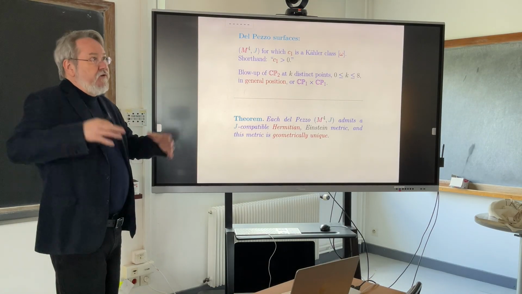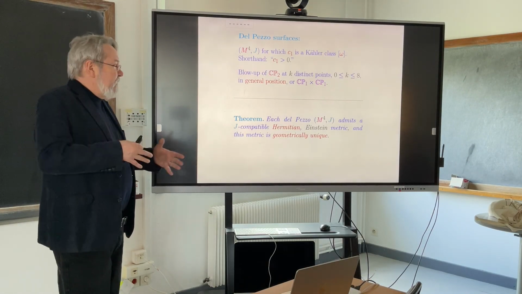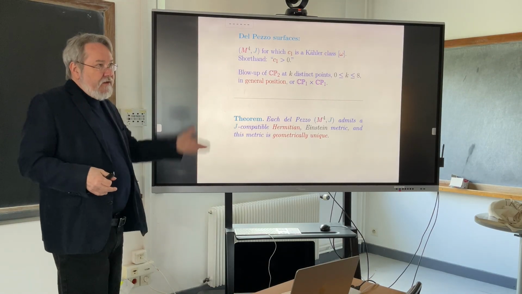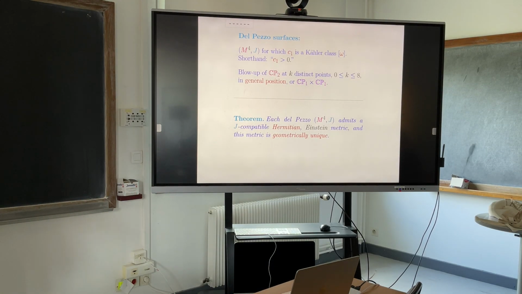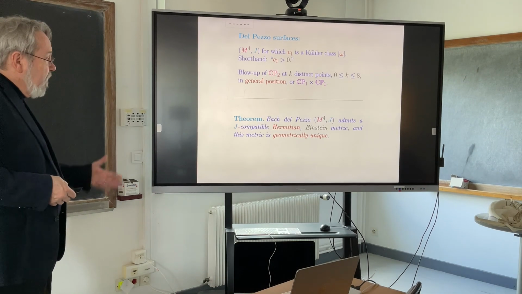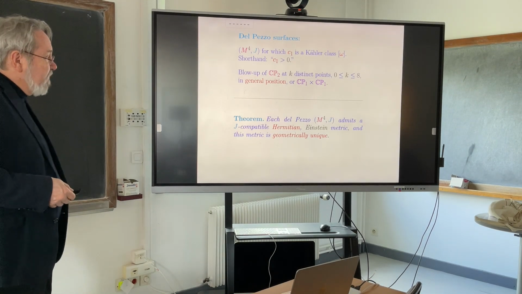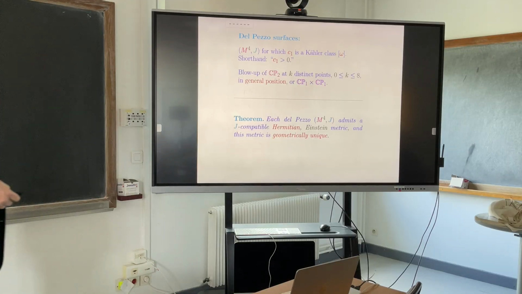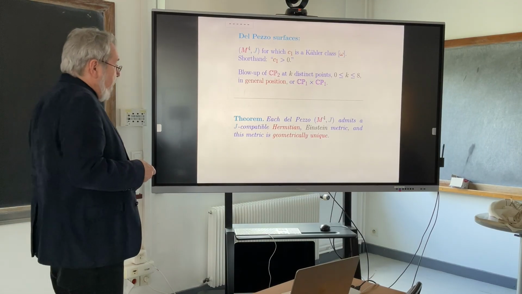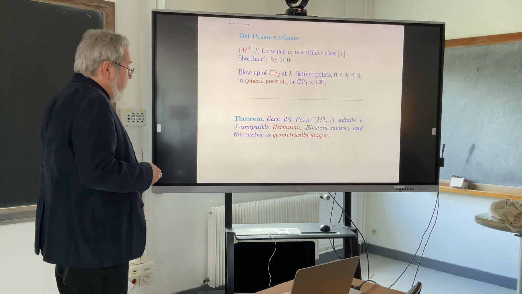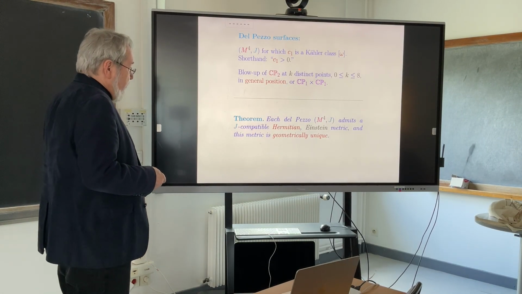If you're happy to just change the overall scale of the manifold, that's just rescaling the Einstein constant lambda. But also, some of these complex surfaces have a lot of automorphisms, and it turns out that up to complex automorphisms, the metric is unique.